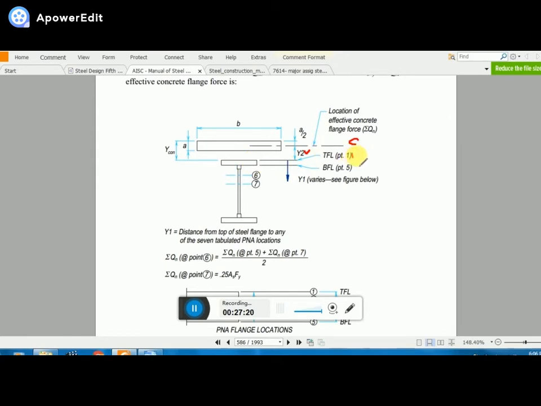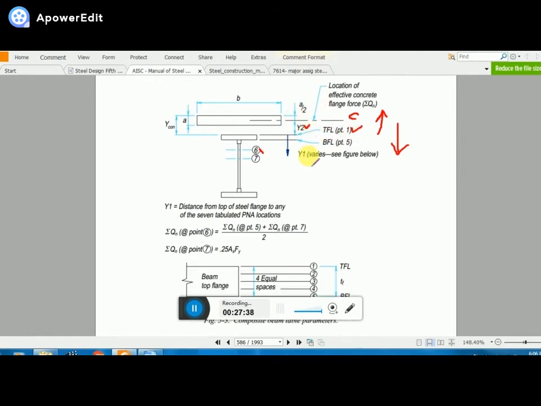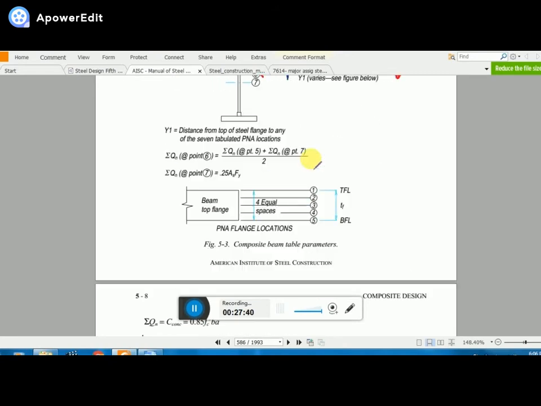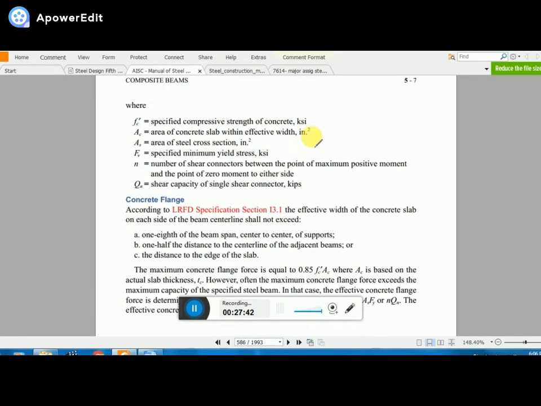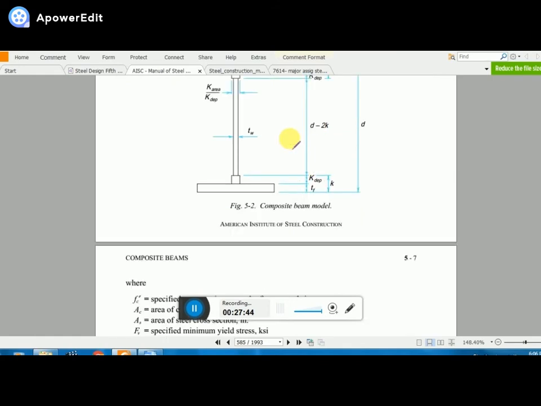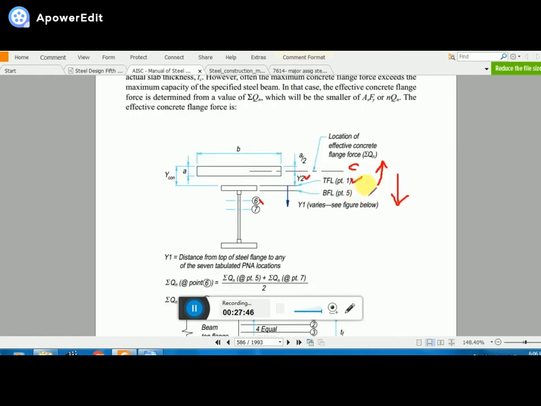This is point 1, and whether you are going in the upward or the downward direction also matters. These locations 6, 7, 8, while 1, 2, 3 are the locations above your top flange. Clear? So this is important to share with you.